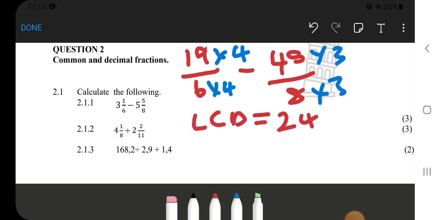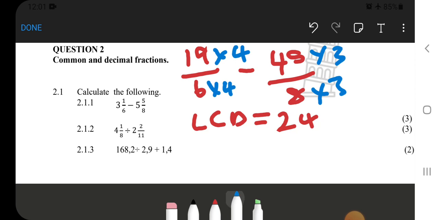So 19 times 4 gives us 76, minus 45 times 3 gives us 135.